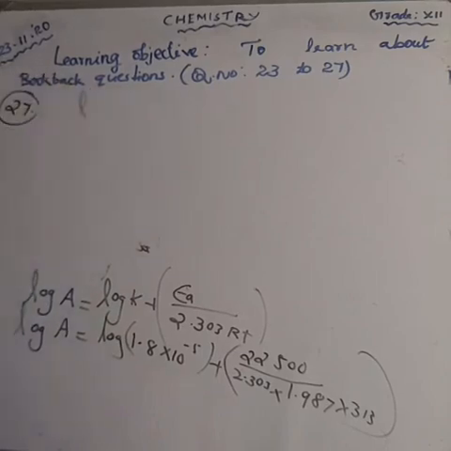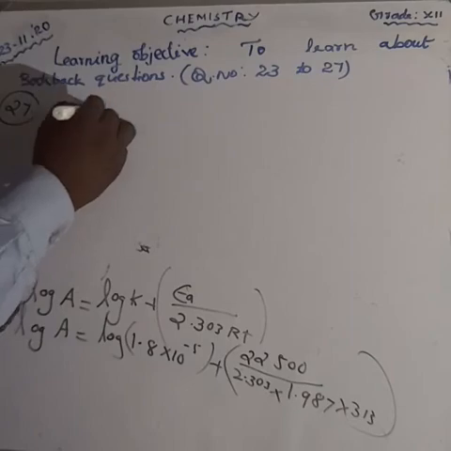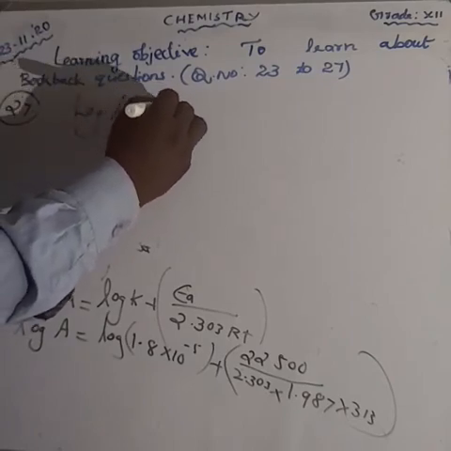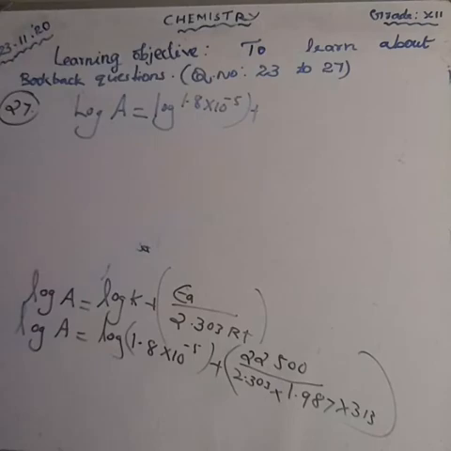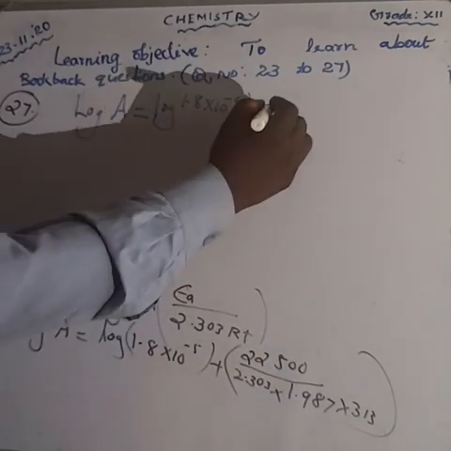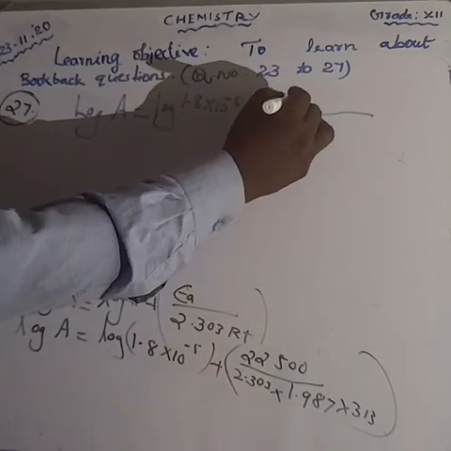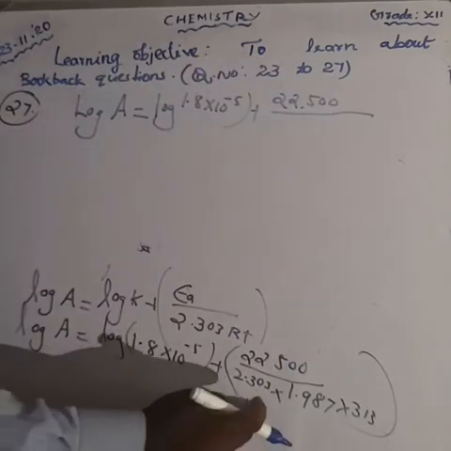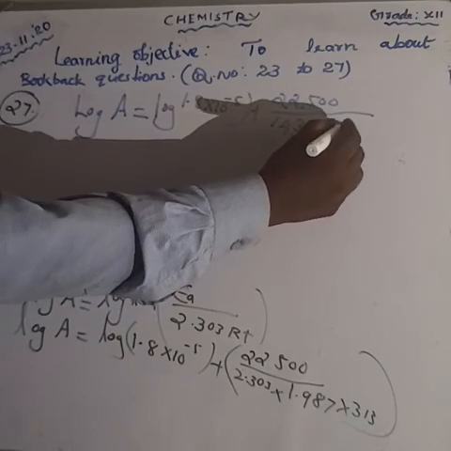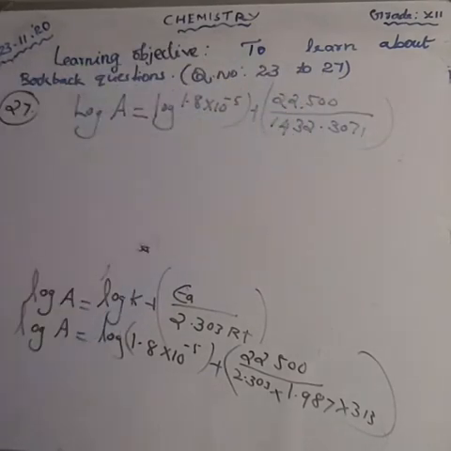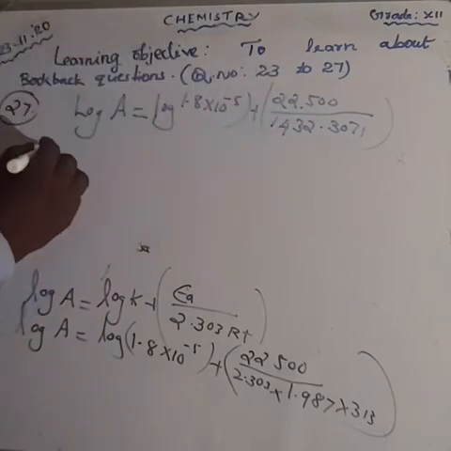Log A is equal to log 1.8 into 10 raised to minus 5 plus, we are multiplying, 22,500 divided by the product, and the answer is about 1432.307. Next, we have to divide this one.